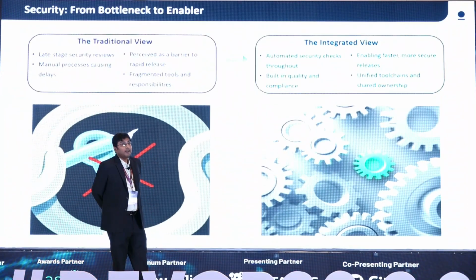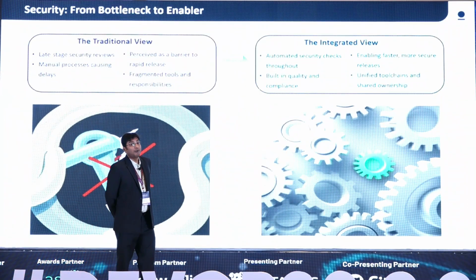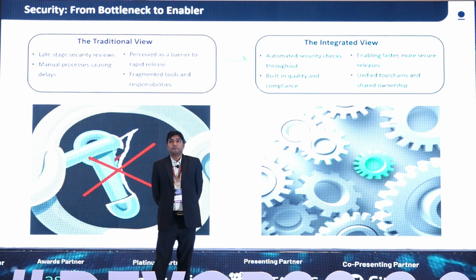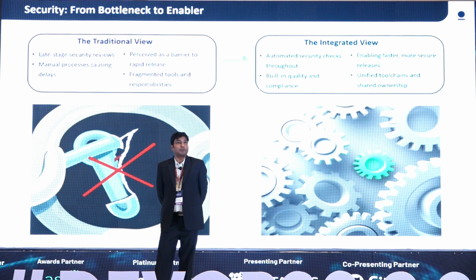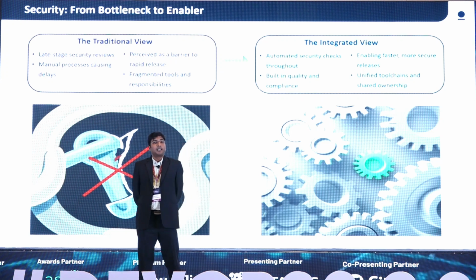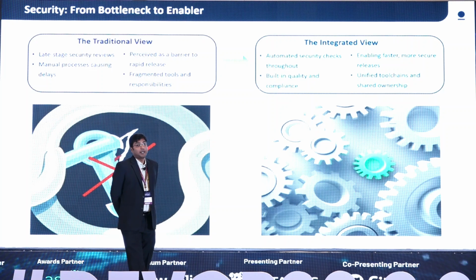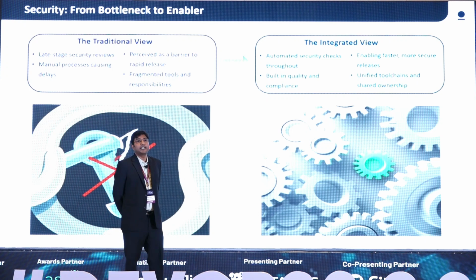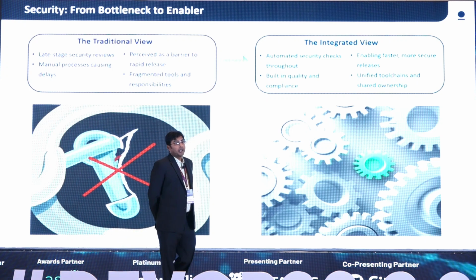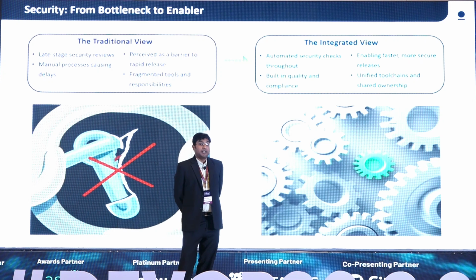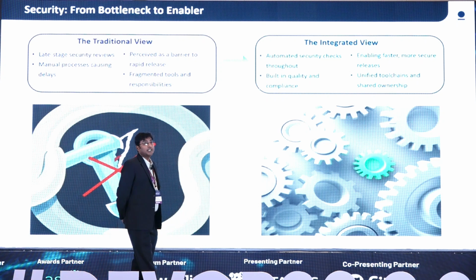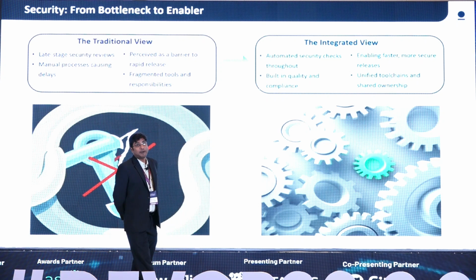Now, considering security from bottleneck to an enabler. In the traditional view, we didn't have enough automated tools. Now it's a transformation, I would say. We have different tools in the market, but in the traditional view, we used to have larger release cycles, manual security testing, and you can see the left side image, the crossed ones, a broken pipe which gets patched up.